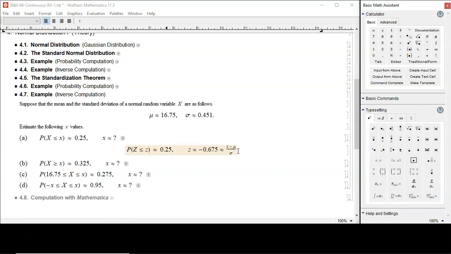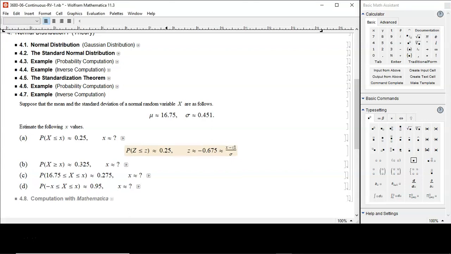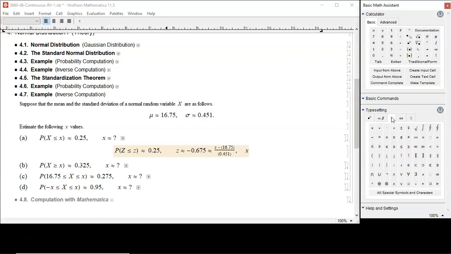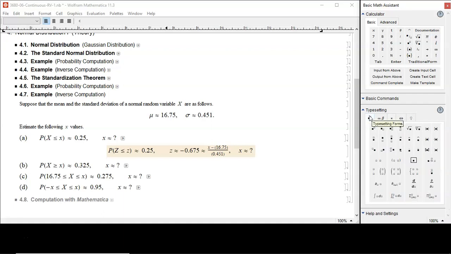Formula number 1, z is x minus mu over sigma, and mu value here is 6.75, and sigma value here is 0.451, and from here finding out x, it's just a linear equation. At 3000 level, this should not cause any kind of trouble whatsoever.